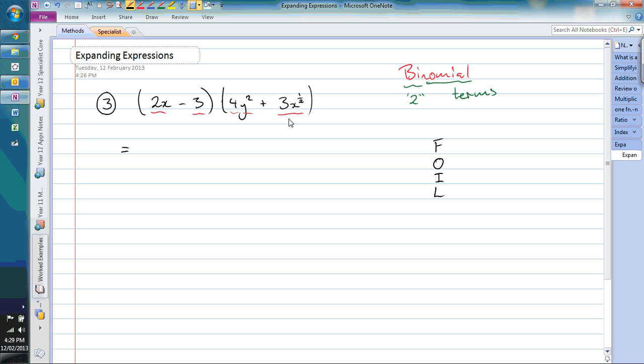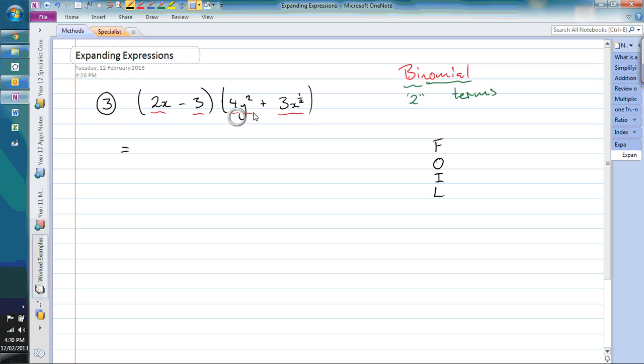If you want a little bit more detail on where FOIL comes from and why it works, have a look at my videos from week number 1 with surds. But let's just dive straight into this one. Process is going to be very similar. The only difference will be we'll have a little bit of index laws to apply to simplify the final result.